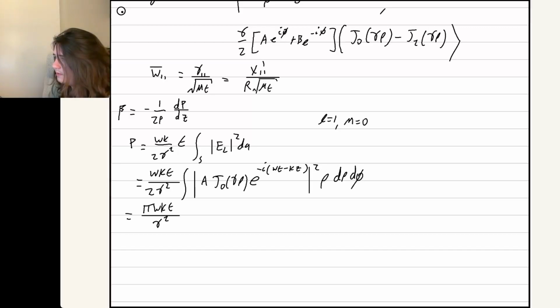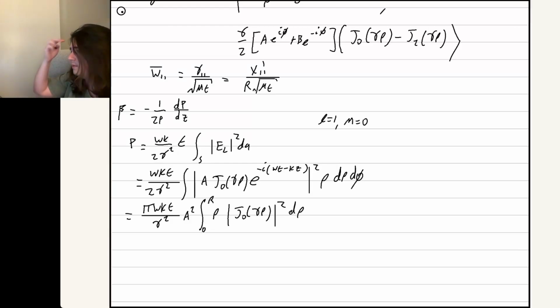And then when we square this, the decay piece is going to go away because it's a square modulus. You'll have to take the complex conjugate and multiply it by itself. You'll get an A squared up front, and then you're just doing the rho integral from 0 to r of rho J0 of gamma rho squared.